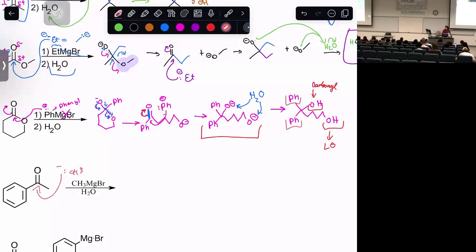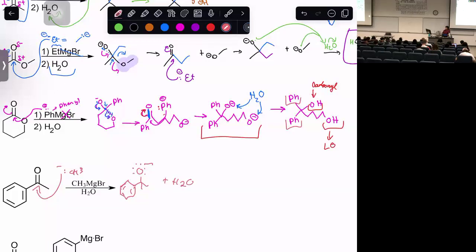Now same process. This time it's just a methyl group. We do the nucleophilic attack. We get connected there. And then that's our little benzene. There we go.